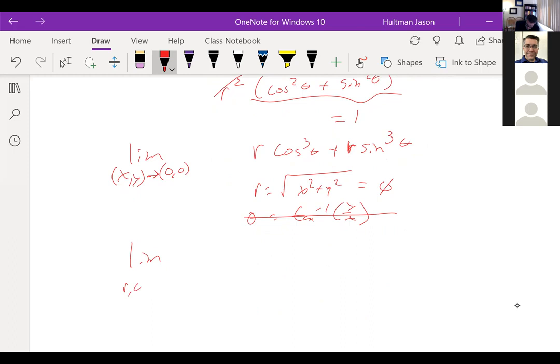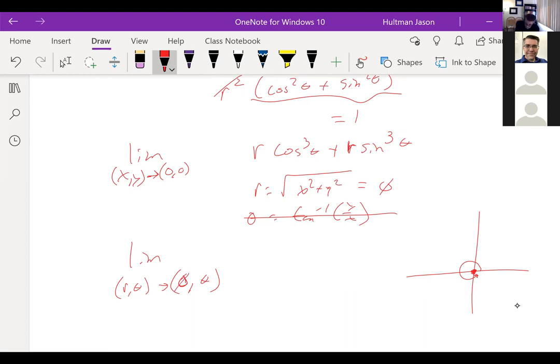Think about polar coordinates. If r is 0, aren't you on the origin anyway? Does it really matter what theta is? Theta could be 360 degrees, and it doesn't matter. If your r is 0, you're stuck at the origin. You can spin around forever if you want, but it's not going to mean anything.